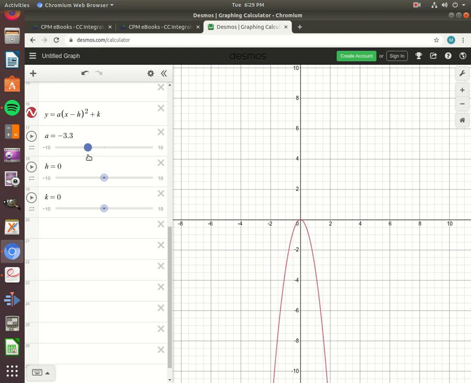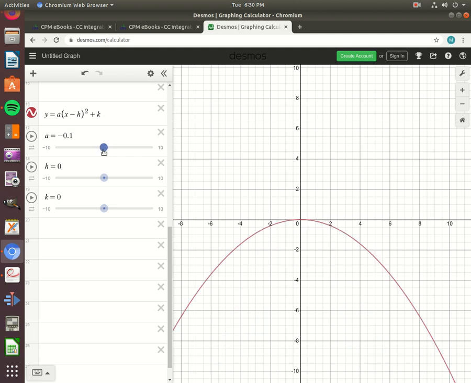But you can see what happens as I manipulate my a. If it's very negative, it's very steep and negative. As I get closer to 0, it will become flatter and flatter, but still remain negative. And I want you to see what happens as I get between 0 and -1. You can see it starts to get very flat. I went too quickly there. So it starts to get very flat.